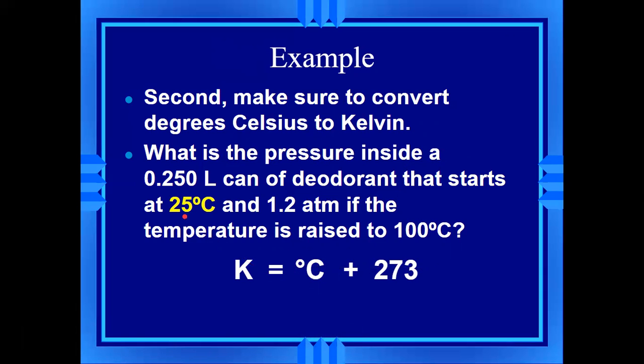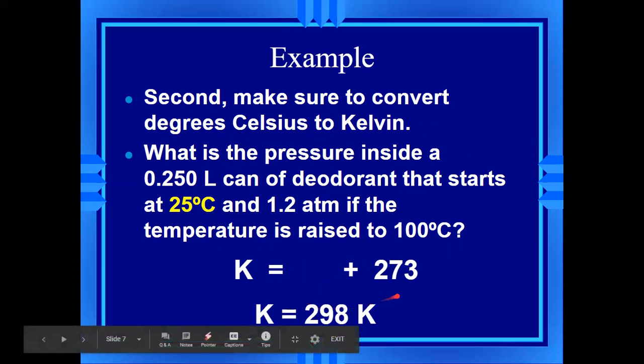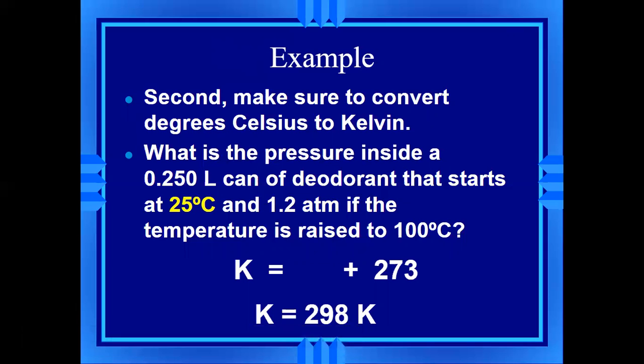Our initial temperature is 25 degrees Celsius, so we need to convert that to Kelvin. 25 plus 273 gives us 298 Kelvin. So that is our initial temperature, 298.